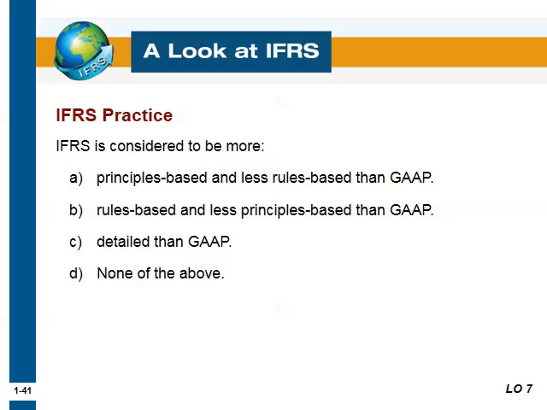IFRS is considered to be more principles-based than rules-based, where US GAAP is considered to be more rules-based. So this B would be true for US GAAP. And it's definitely not more detailed than GAAP, because actually US GAAP is more detailed.